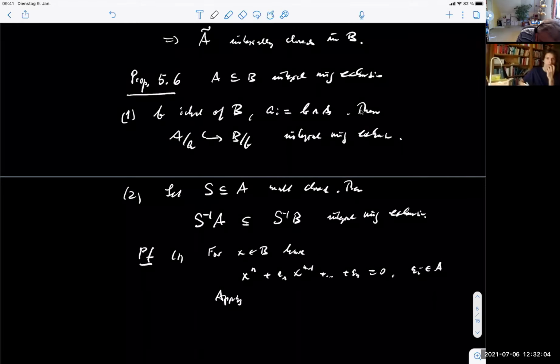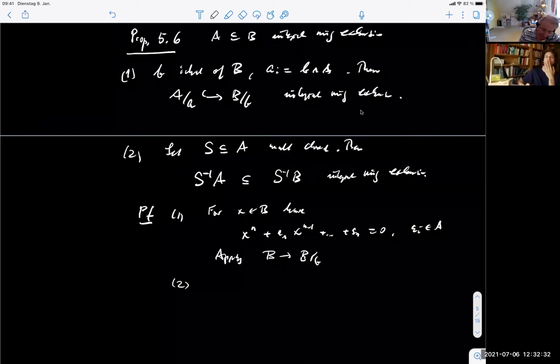I go to the factor ring. This is the canonical homomorphism, and that's it. I still have an equation. It's still monic. The coefficients are now in the residue class ring, the factor ring. And it's an equation for x mod B. So there is nothing, that's all. In a way, it's trivial.